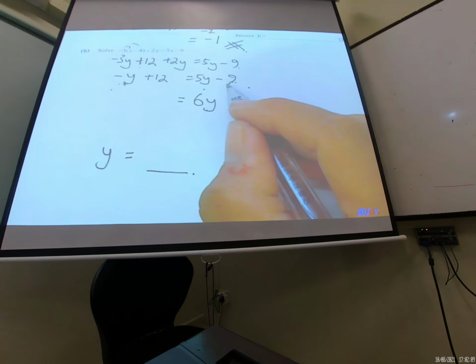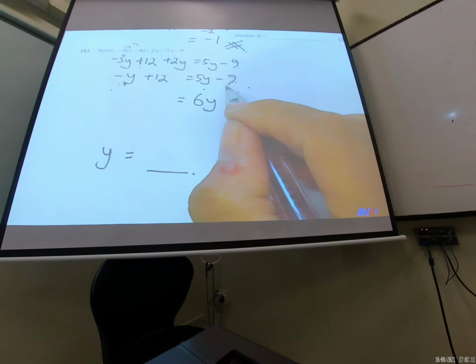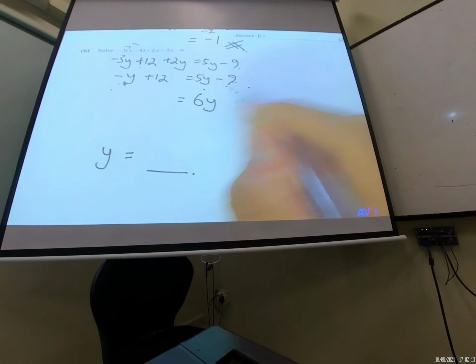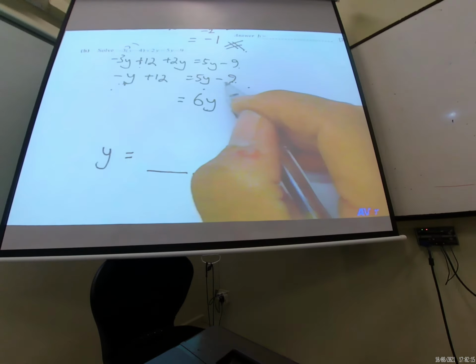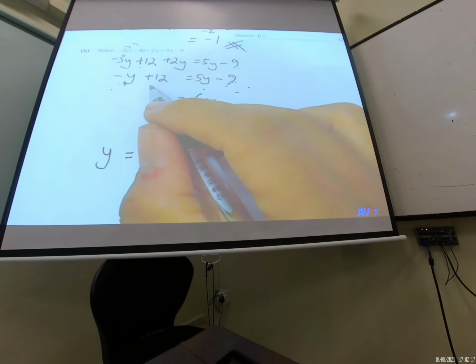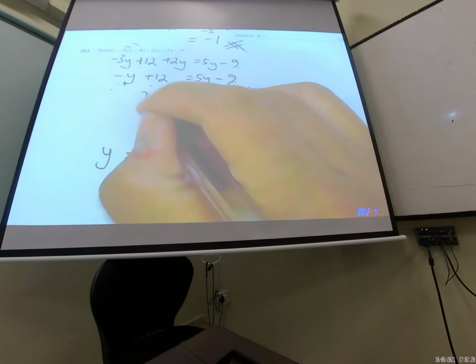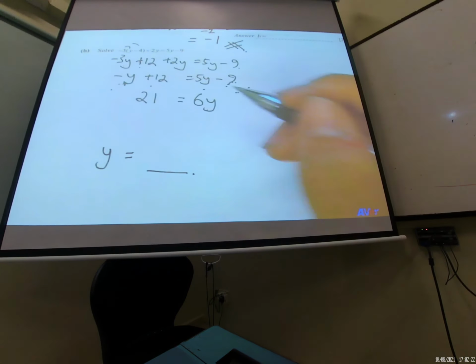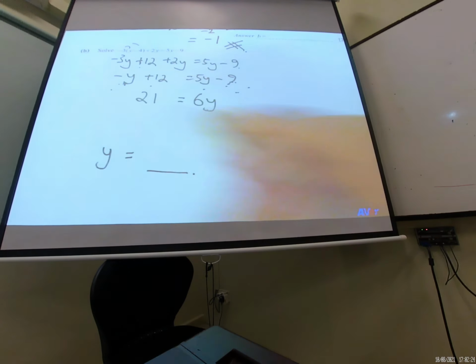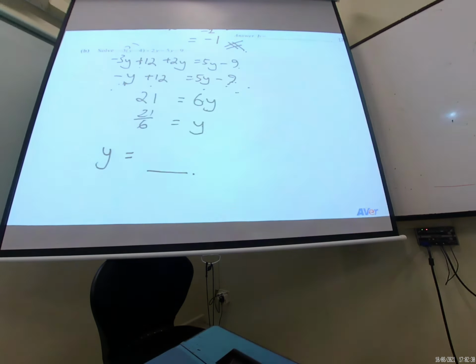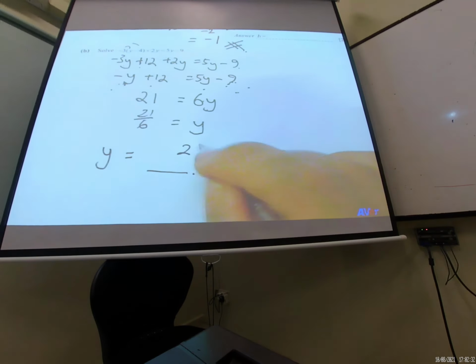So to get rid of negative 9, I need to add 9. Negative 9 add 9 becomes 0, no more numbers here. So I need to also add 9 on the left hand side. 12 plus 9 equals 21. 6y is 21. Each y will be 21 divided by 6. So y equals 21 over 6.